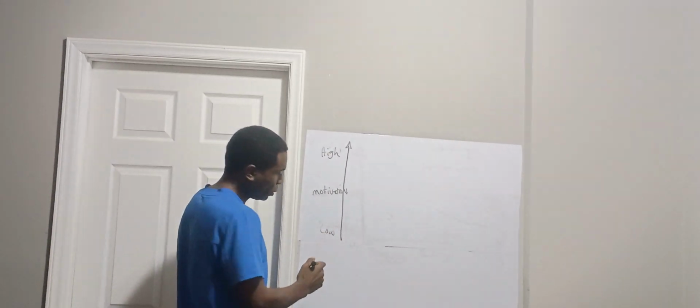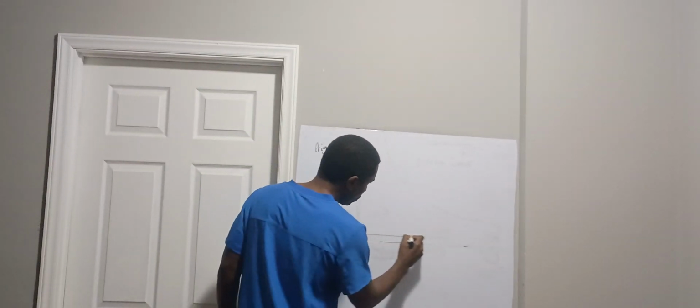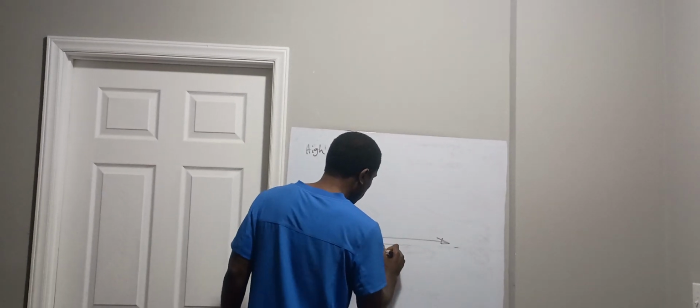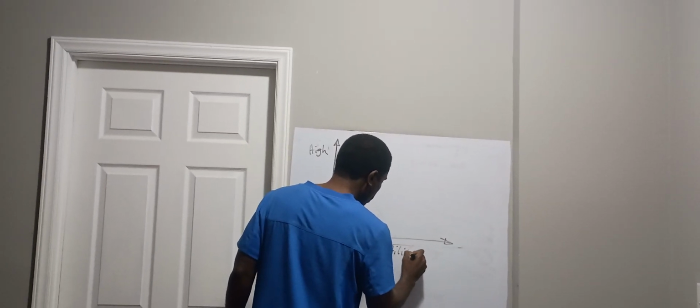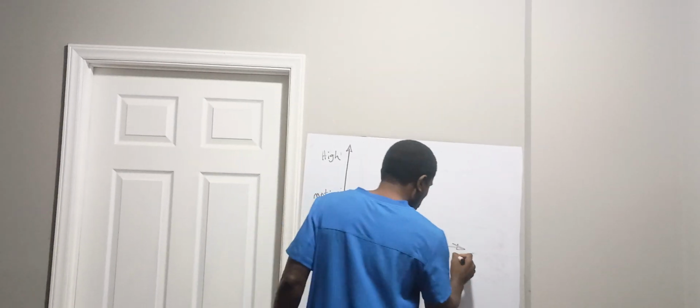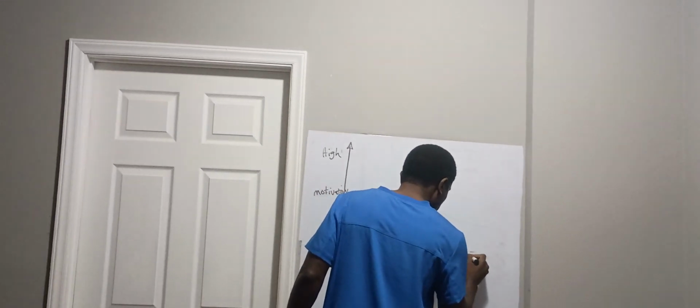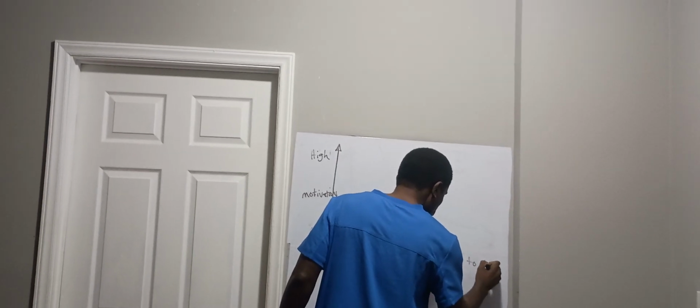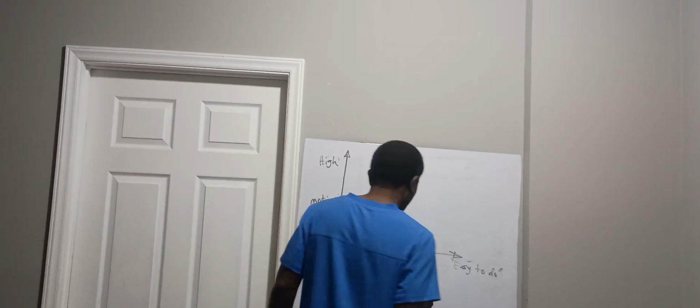That is on the vertical axis. On the horizontal axis is ability. If you have a high ability to do the behavior, we're going to call it easy to do. You have a low ability to do the behavior, we're going to call it hard to do.